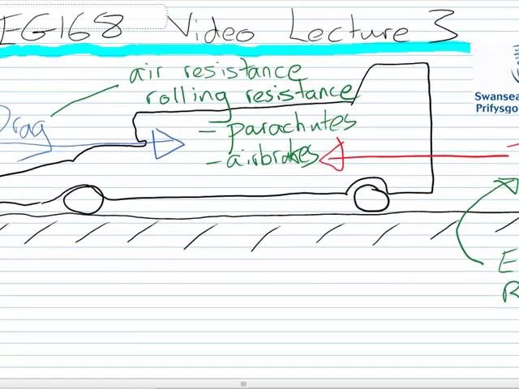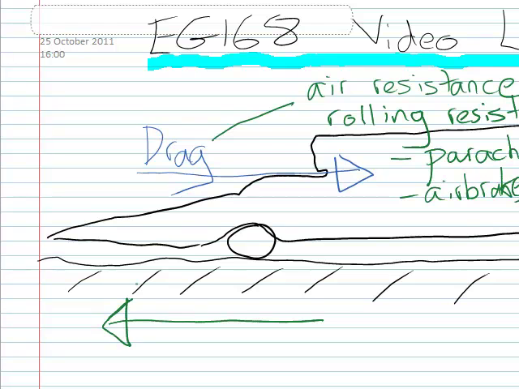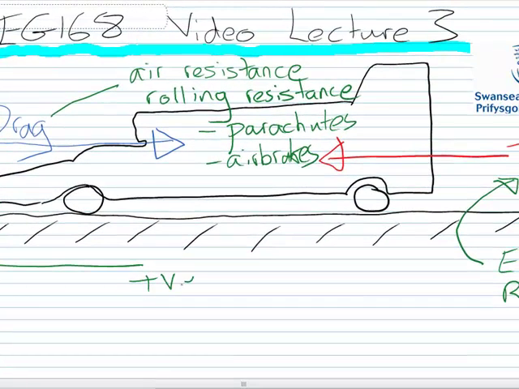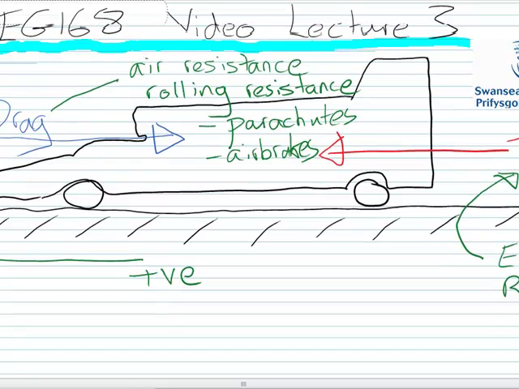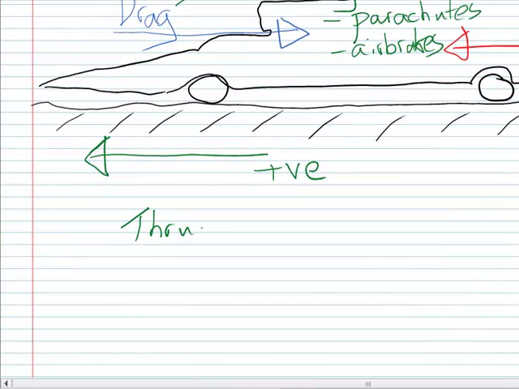Now, of course, if we assume that the car is travelling, in this case, from right to left, and we'll make right to left the positive displacement direction, we can then write that the thrust minus the drag is equal to the net force F acting upon the car.